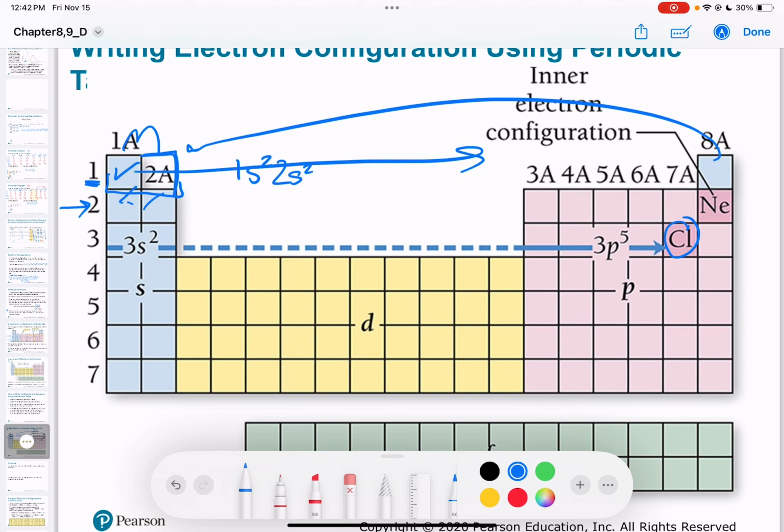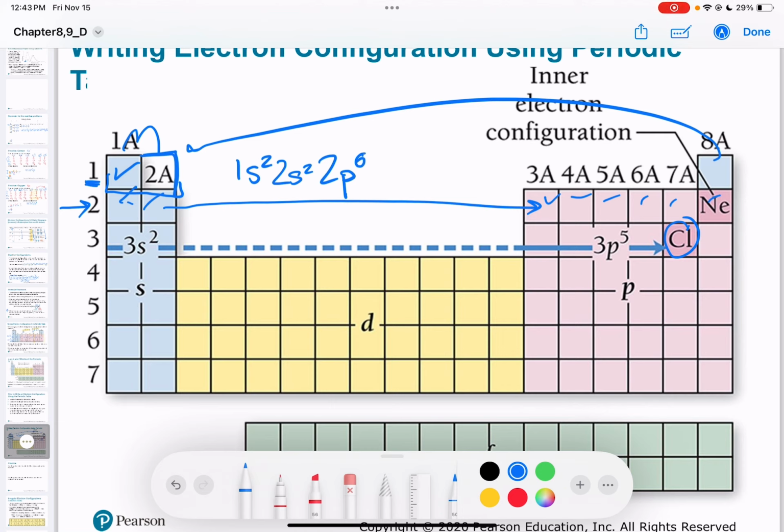So we're going across the periodic table until we hit our element of choice. Now we go all the way across to the 2, but now we're in the P block, and we fill in 1, 2, 3, 4, 5, 6.